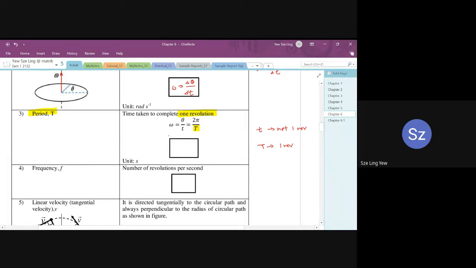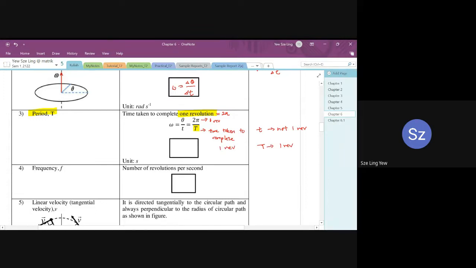So since omega equals theta over time, now you're looking at one revolution, which equals 2 pi. Therefore, we use 2 pi divided by capital T, because you're looking at the revolution. 2 pi represents one revolution, and capital T is the time taken to complete one revolution.